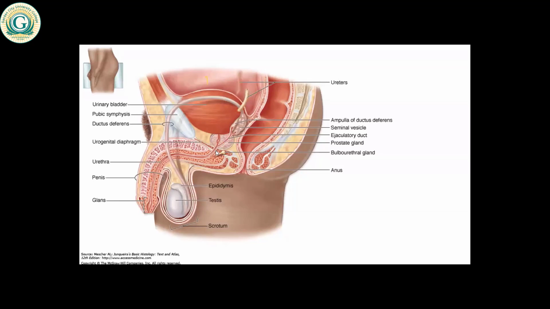The urethra that passes through the urogenital diaphragm is called, you said you've done this in third year. So what's it called? This is called the prostatic one, the prostate.